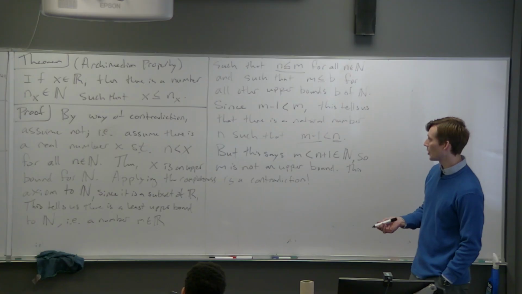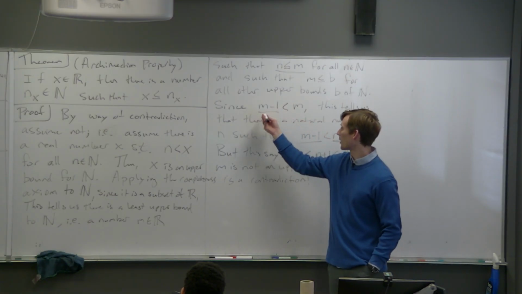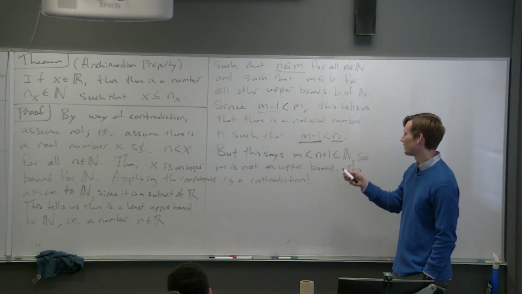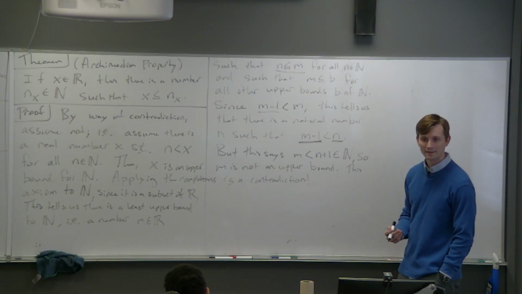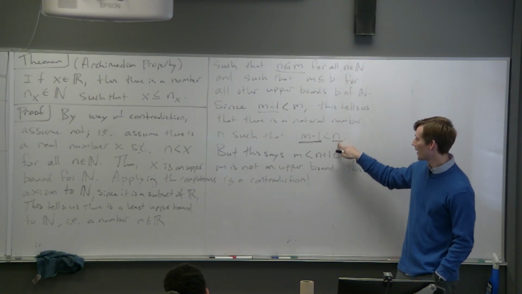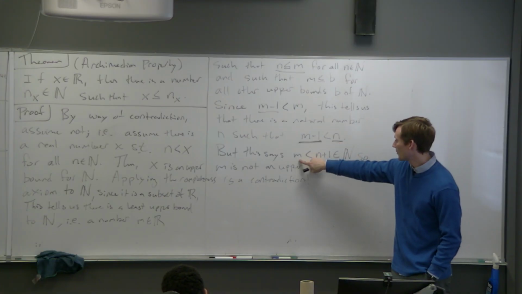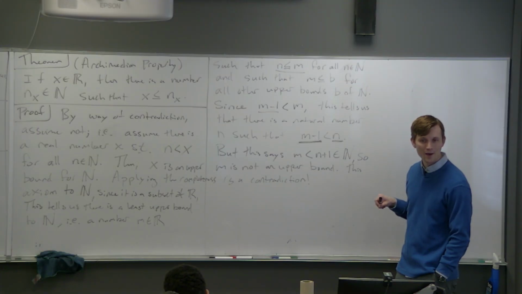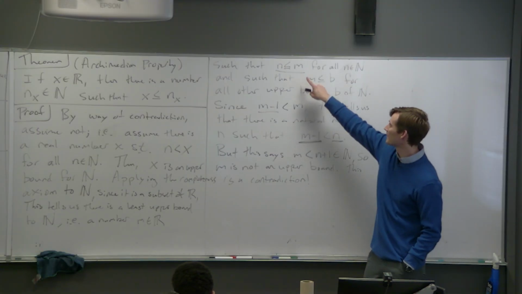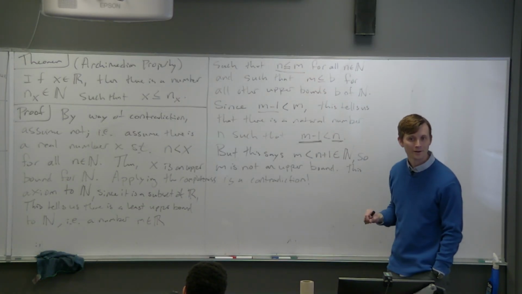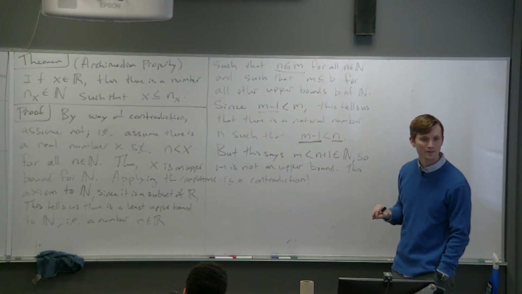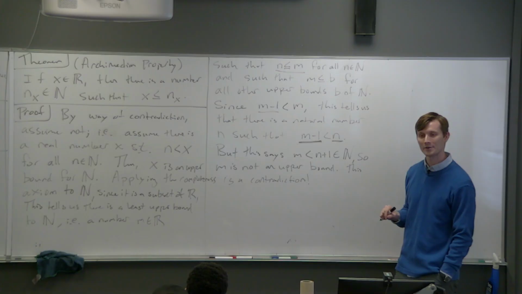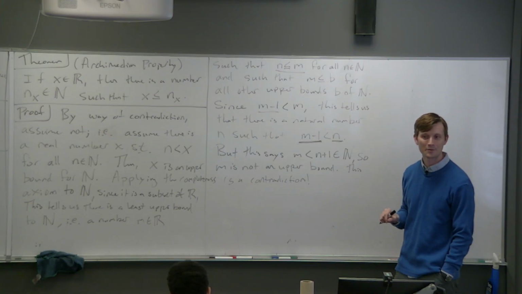And we said, hey, m minus 1 is smaller than m, so there must be a natural number bigger than that. But then adding 1, we get that m is less than n plus 1, which is a natural number itself, so m is less than a natural number. That doesn't satisfy the property which an upper bound must satisfy. A contradiction, so the result must be true.